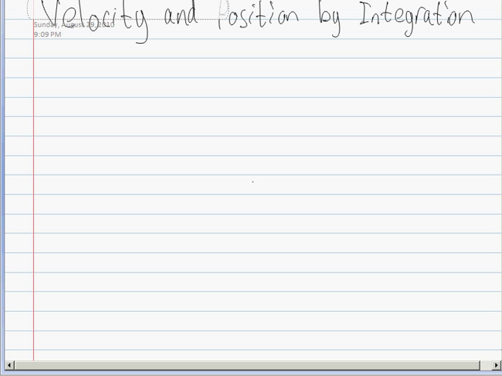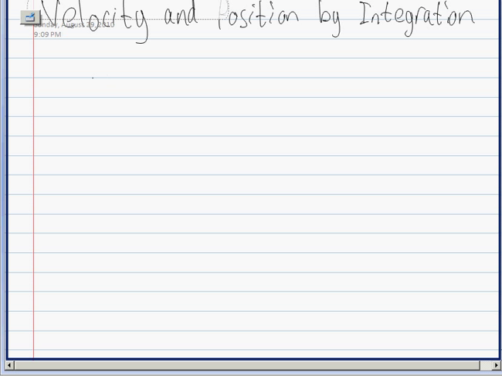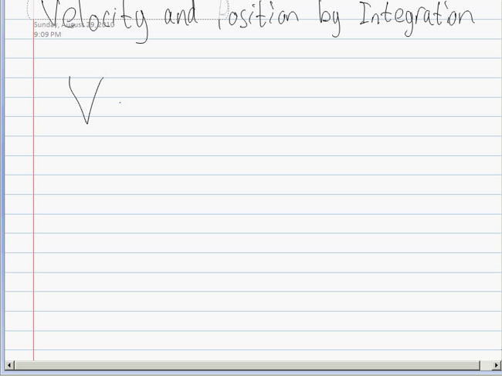Okay, velocity and position by integration. Well, we've worked forward and we've said that velocity is the derivative of position with respect to time. And we've said that acceleration is the derivative of velocity with respect to time.